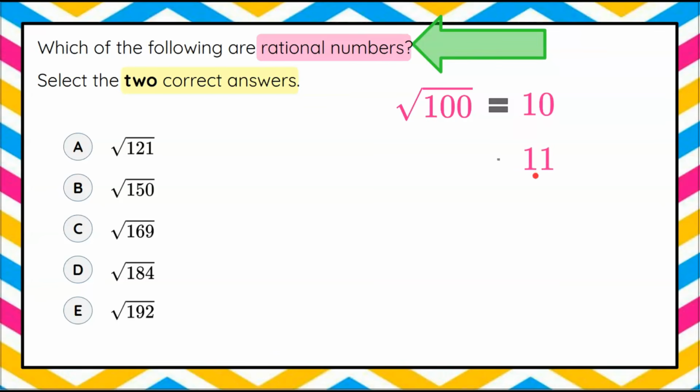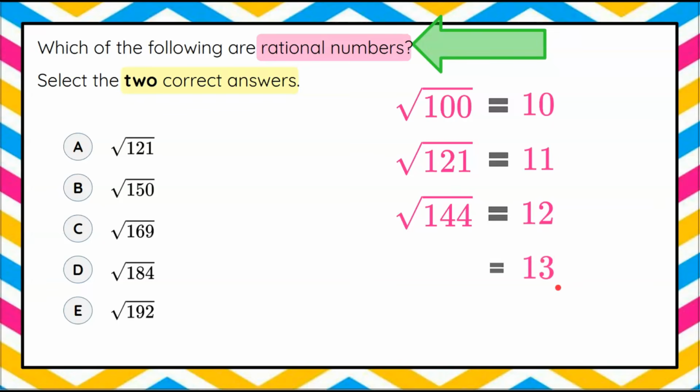So our next value would be 11. 11 times 11 is 121. The square root of 121 is 11. Moving on to 12. 12 times 12 is 144. The square root of 144 is 12. 13. 13 times 13 is 169, and the square root of 169 is 13.